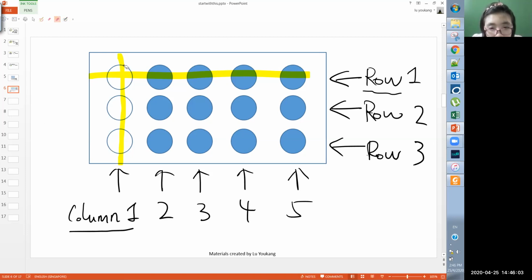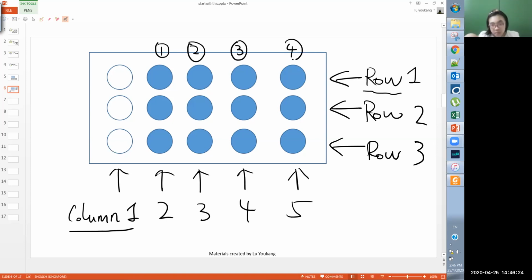Now we are asked to count the number of blue dots. So we just need to count how many columns we have for blue dots. We have 1, 2, 3, and 4.